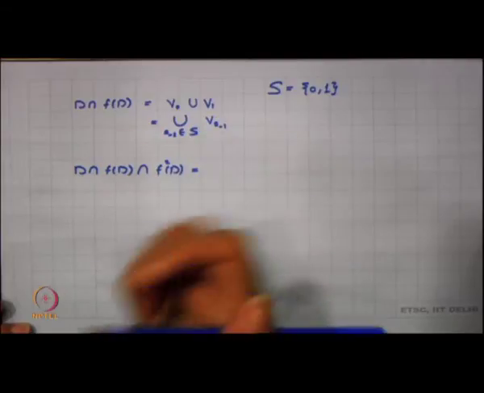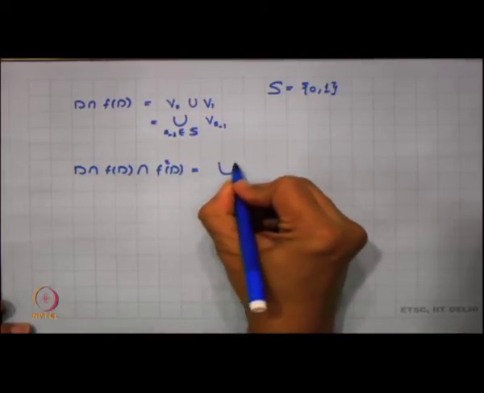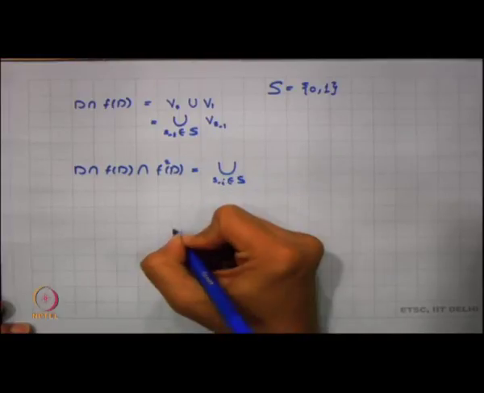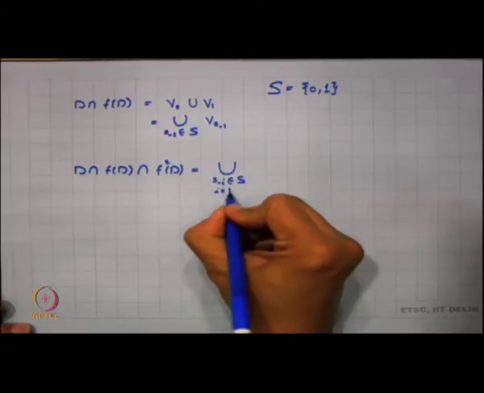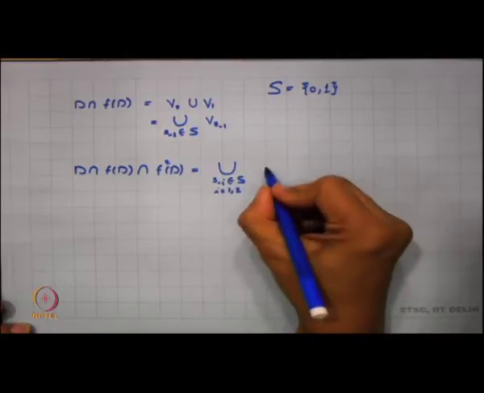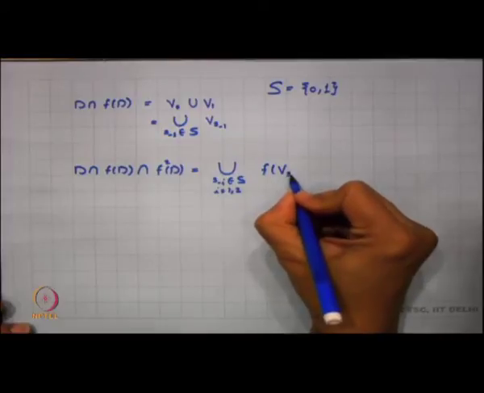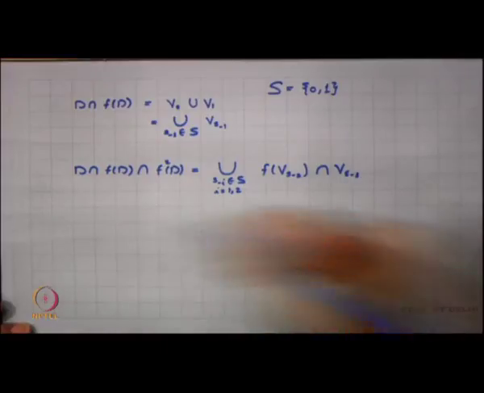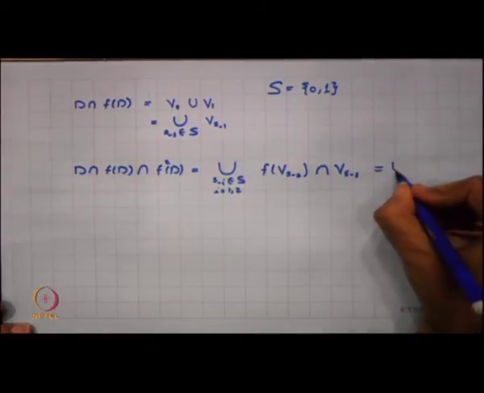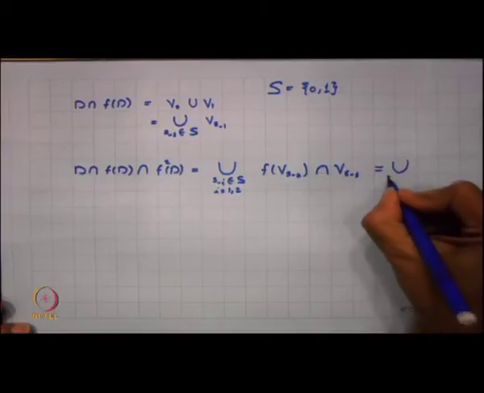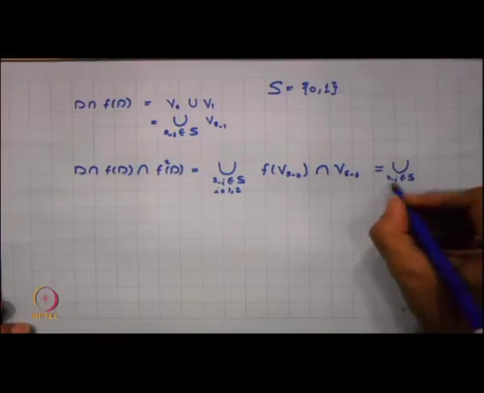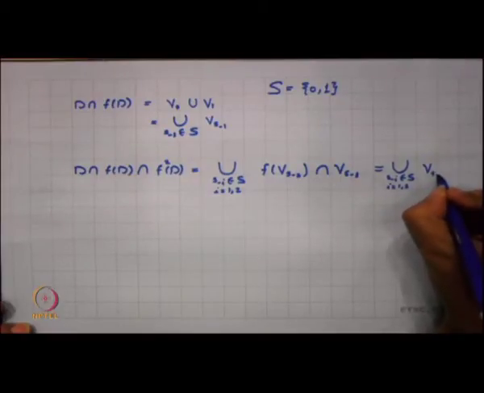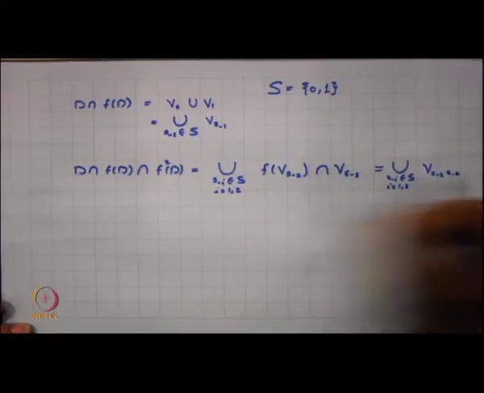So, I can index it and simply say that this is nothing but the union over S minus I belonging to S, where I is equal to 1 and 2, of f of V S minus 2 intersection V S minus 1, which I can write as V S minus 1 S minus 2.